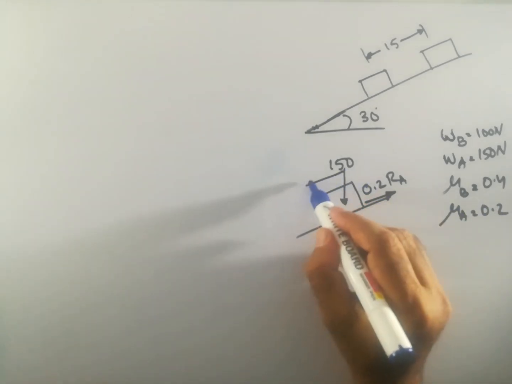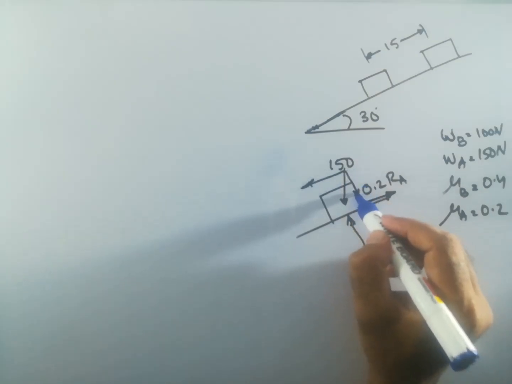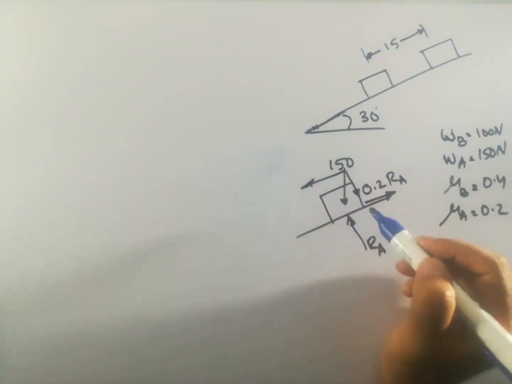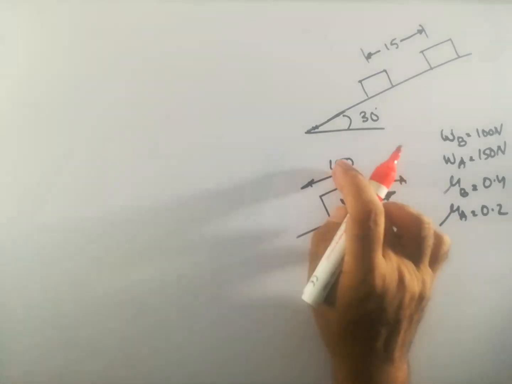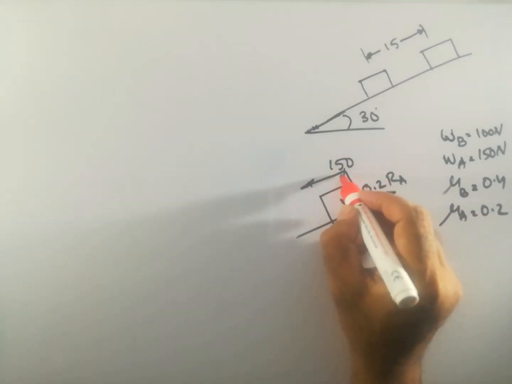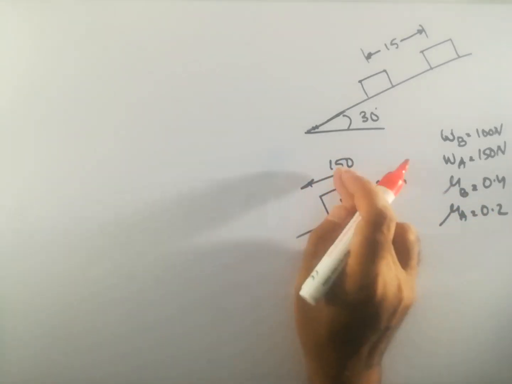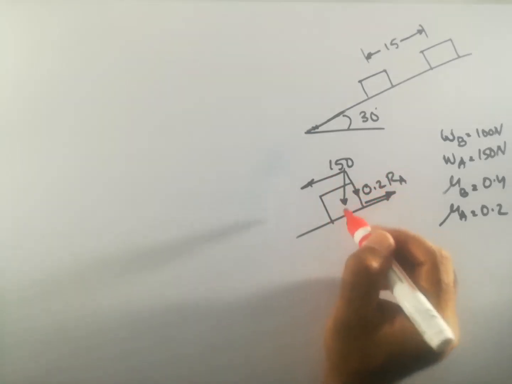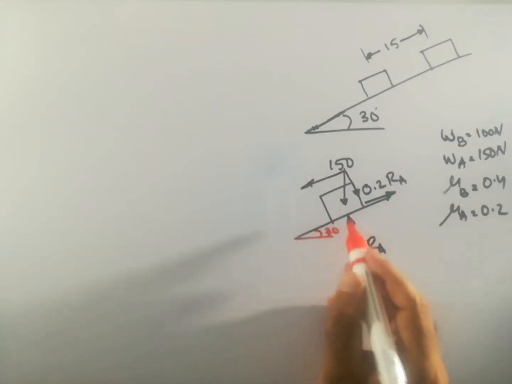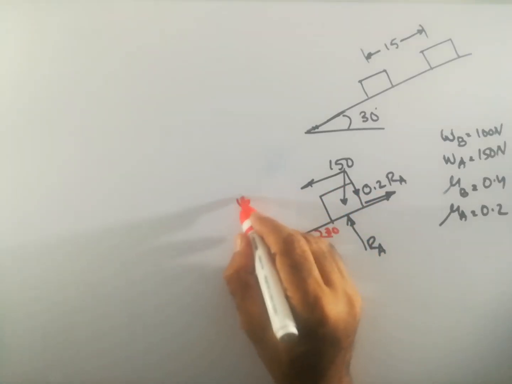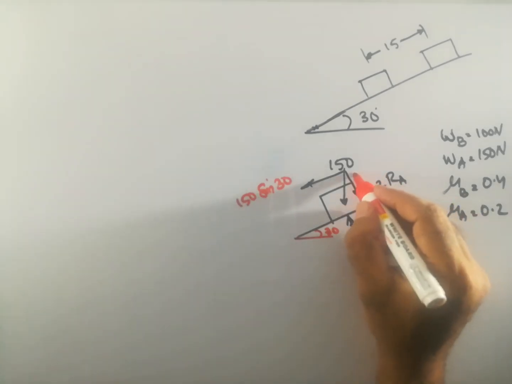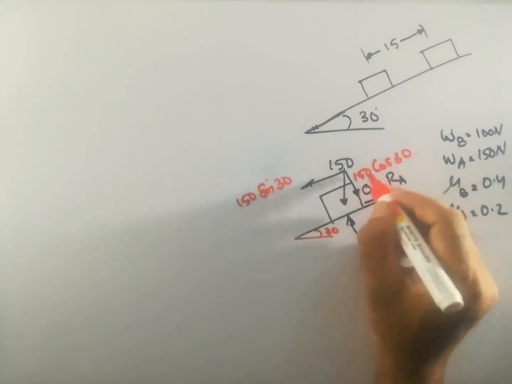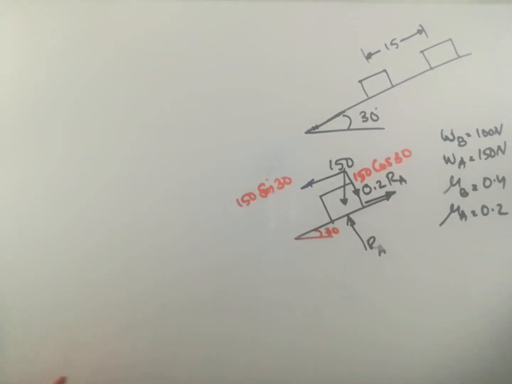And we know the two components of weight. This parallel component will be the sine component. As this angle is 30 degree, the sine component will be 150 sine 30, and this component will be 150 cos 30.